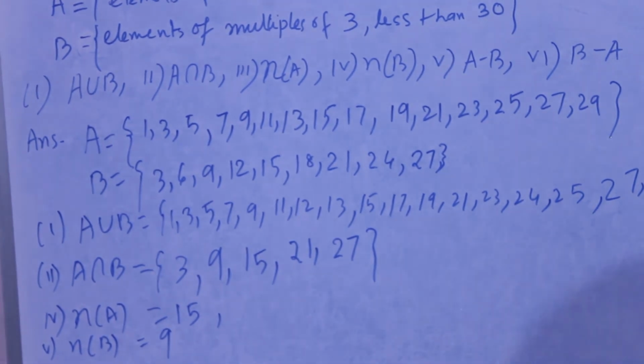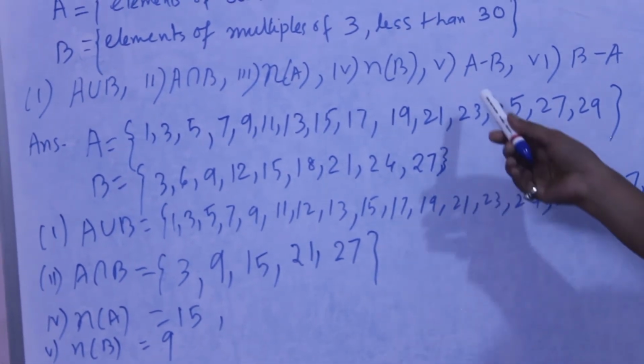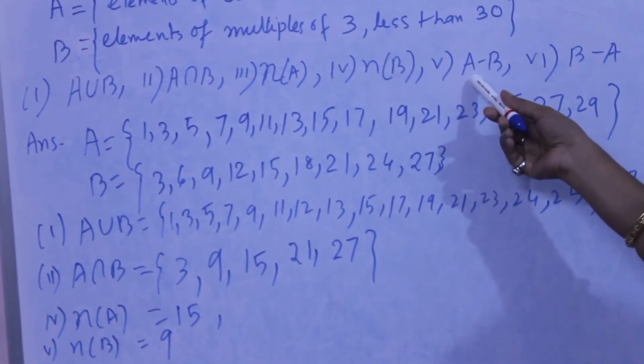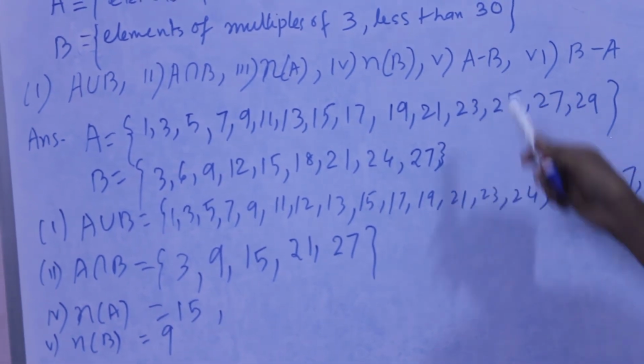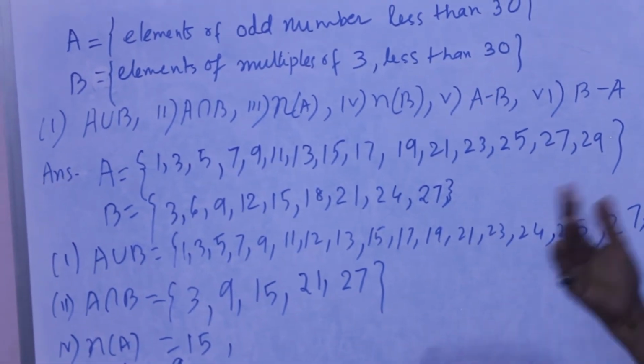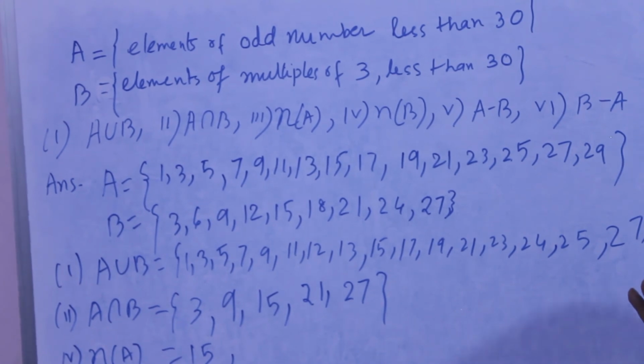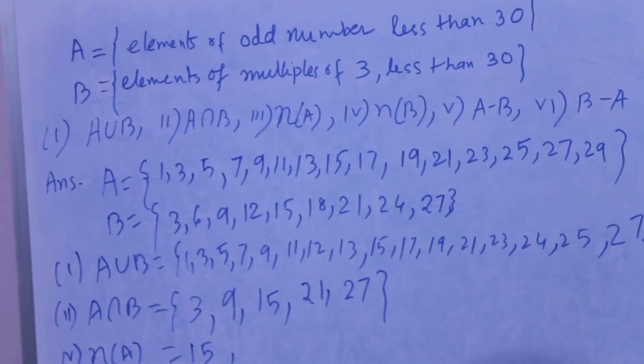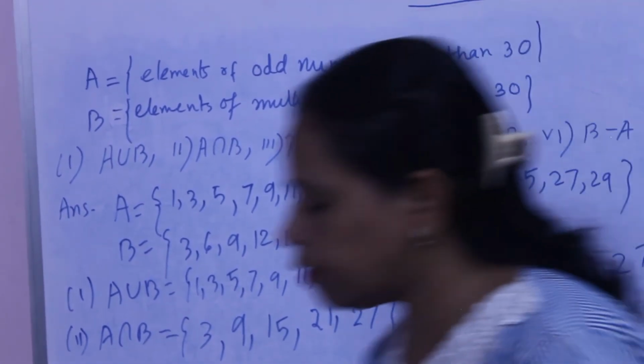Now we have to find the set A minus B, meaning elements present in set A but not in set B. So let's erase this portion.